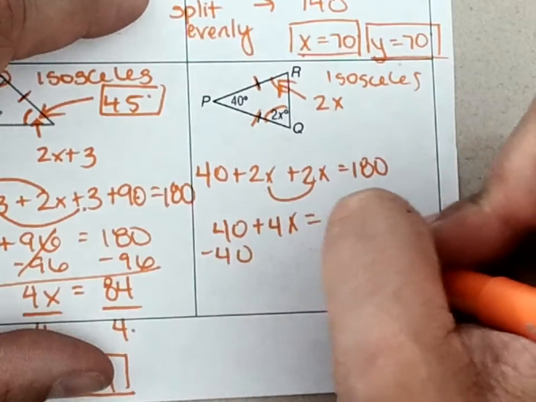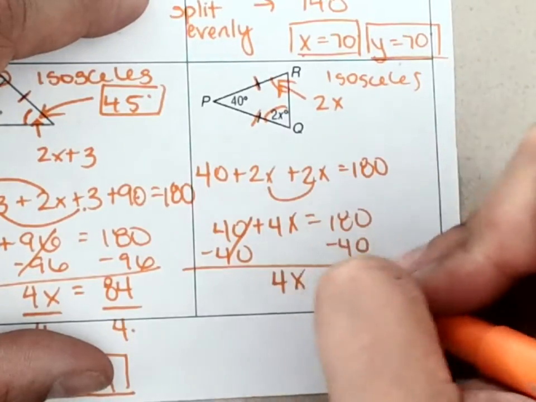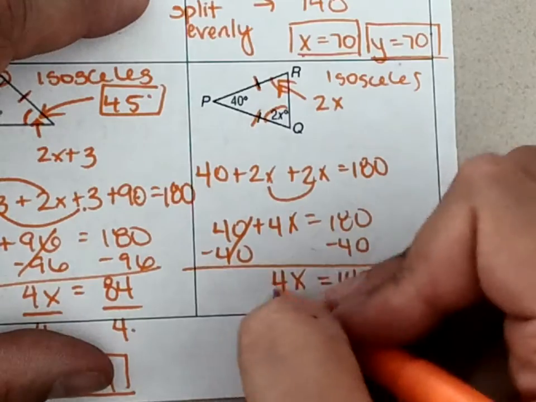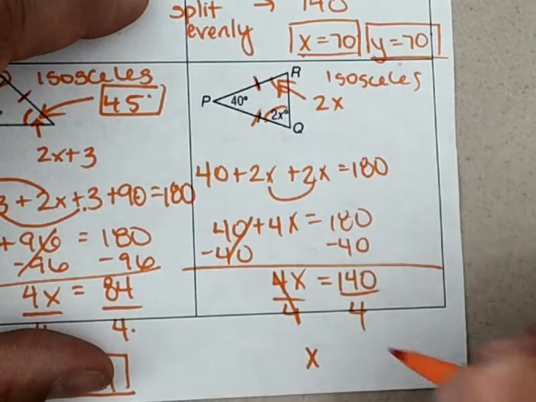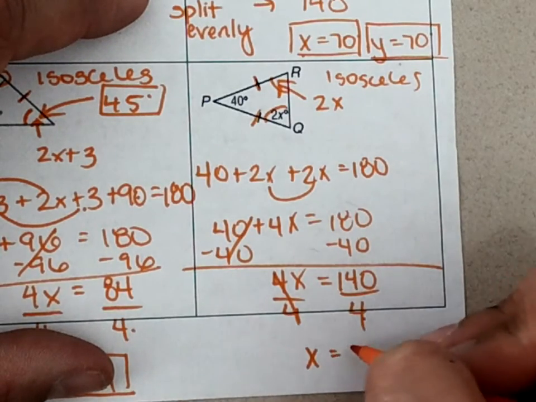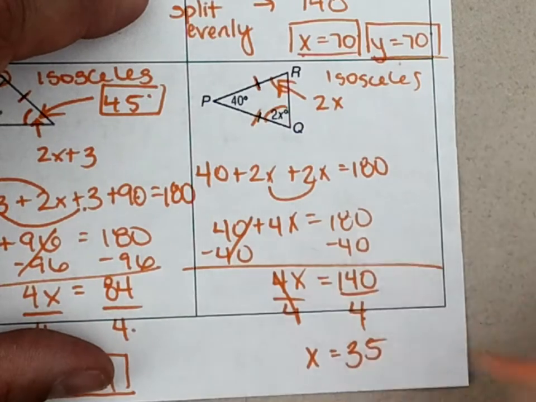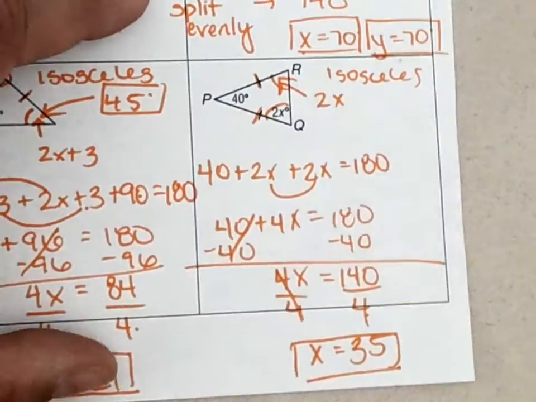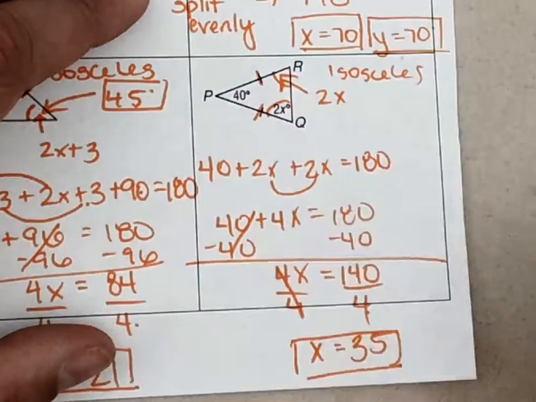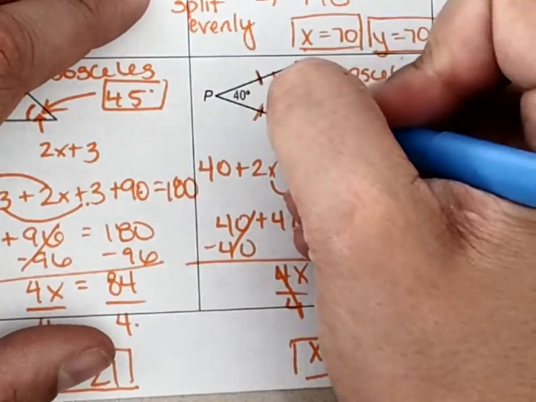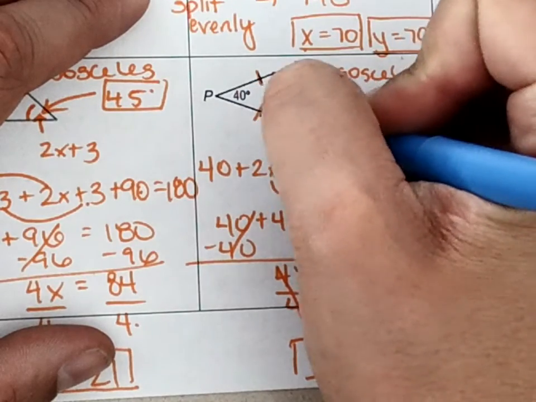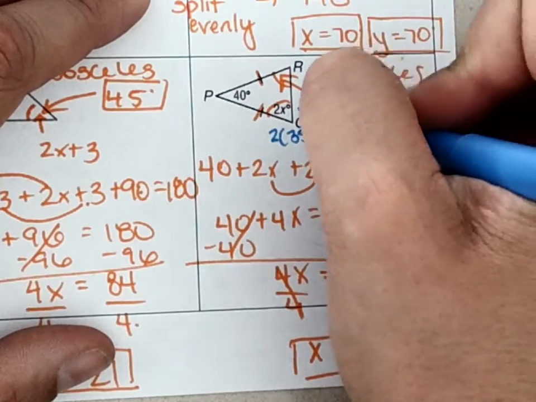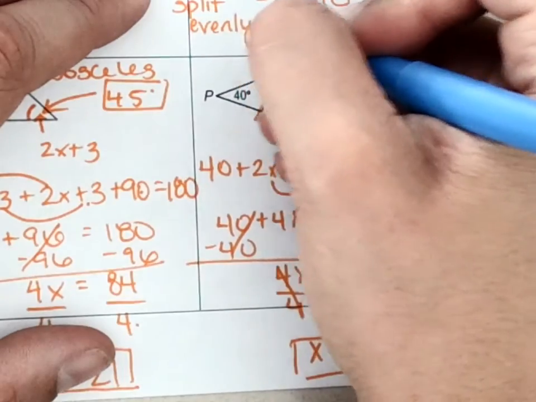Subtract 40, and we have 4x equals 140, divided by 4. Therefore, x equals, 4 goes into 14 3 times with a remainder of 2, 35. So x is equal to 35, and the base angle is whatever 2 times 35 is, which is 70. So that is a 70-degree angle, and that is a 70-degree angle.